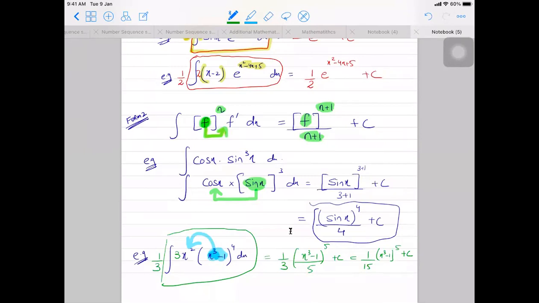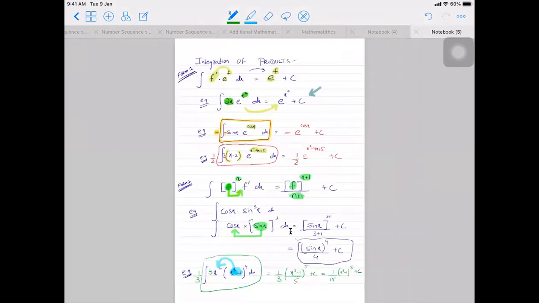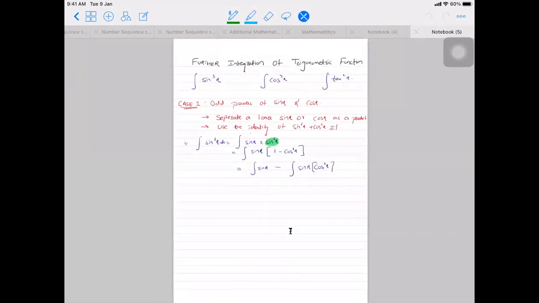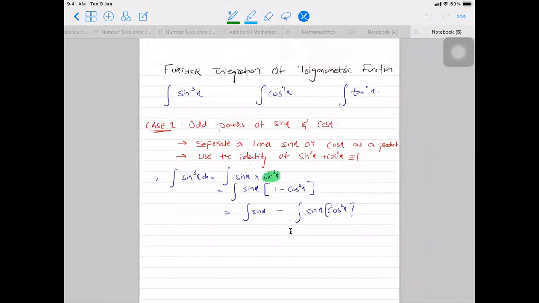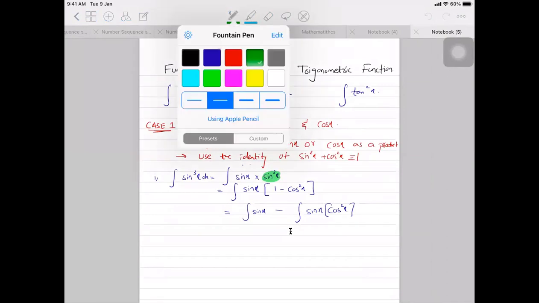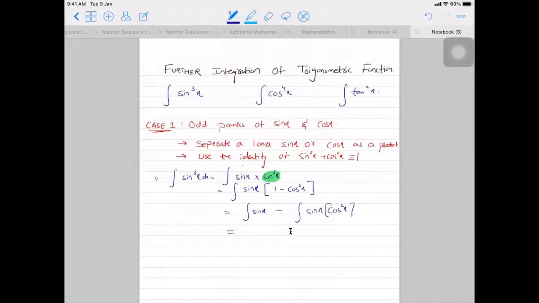Okay. Now, if I move on to the trig integration, now you will be able to integrate this function. So integration of sine x is very simple. What was the integration of sine x? Minus cos x. Now integration of sine x multiplied by cos squared x.